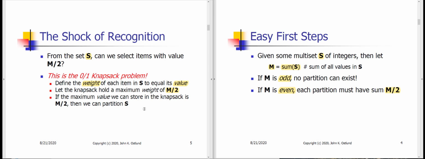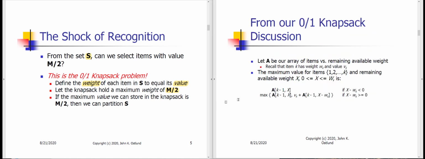Okay, so we can pose this problem as a 0-1 knapsack problem and solve it that way. Let's do this. As a reminder, here's our cell-by-cell algorithm for the 0-1 knapsack.